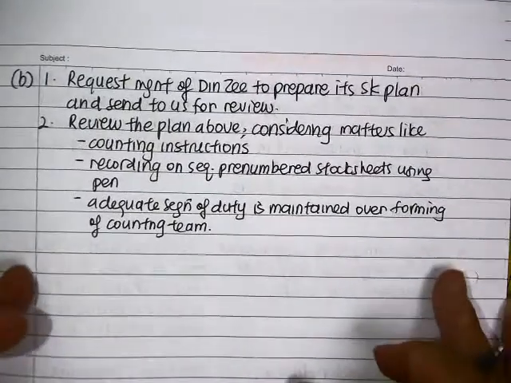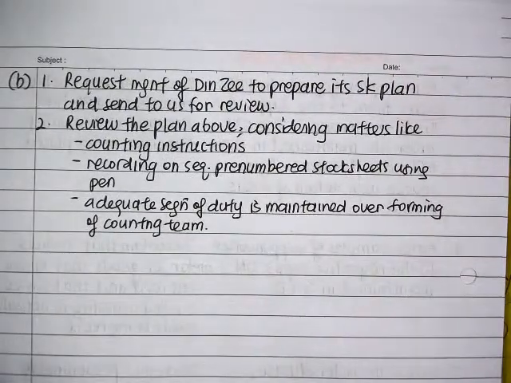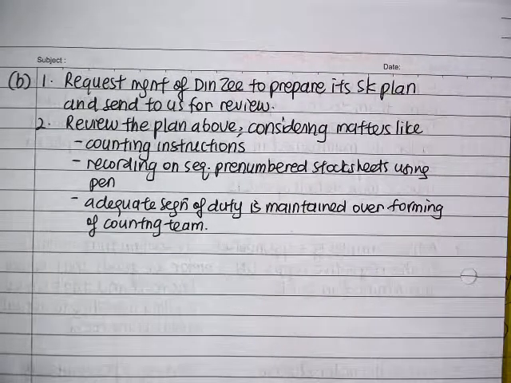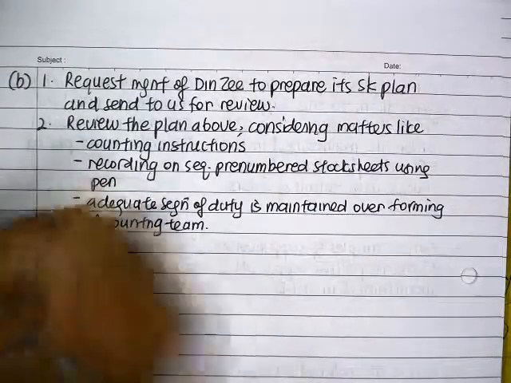Now there are a lot of things you consider, but I cannot write so much because it's only 4 marks. Okay, so I just give you some examples. So in fact, you just have to write very briefly that you're going to review the plan. Okay, after you review the plan, then what do?